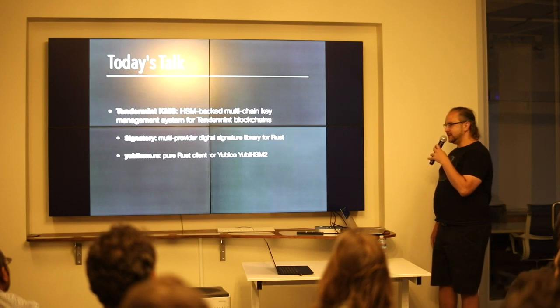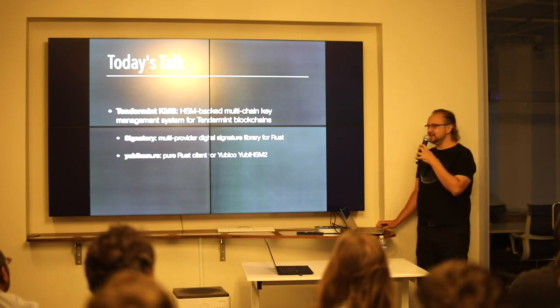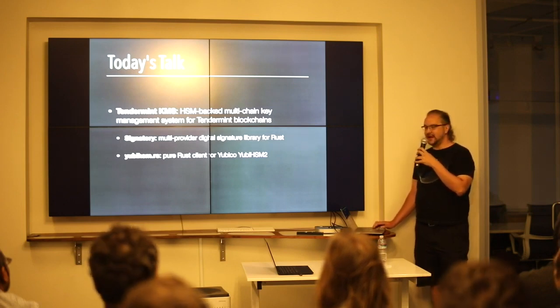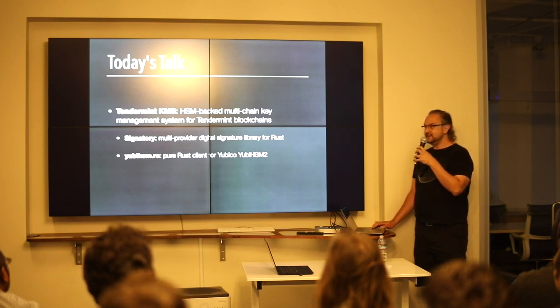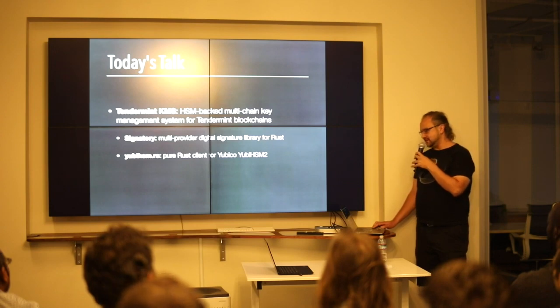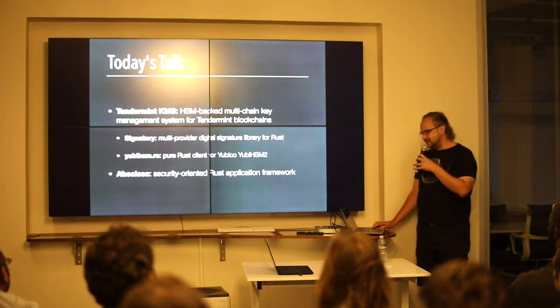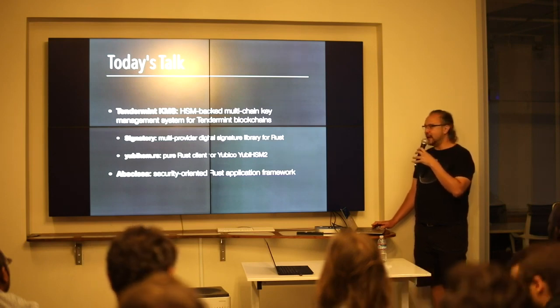So we implemented effectively the SDK for these inexpensive YubiHSMs from Yubico from scratch in Rust, and I think made possibly the only, or at least the most mature HSM client that's available in Rust today. And finally, I'm going to talk about Abscissa, which is our security-oriented Rust application framework.